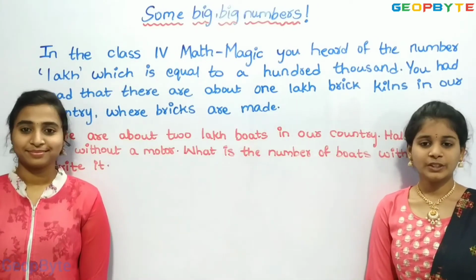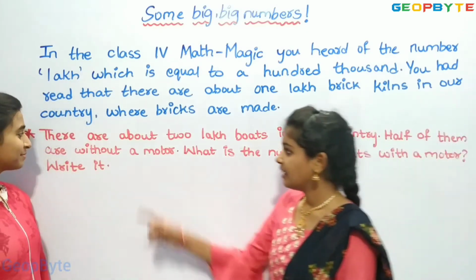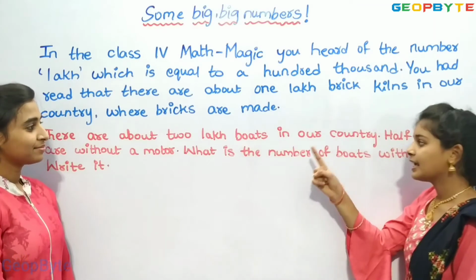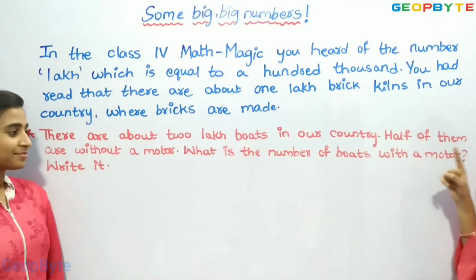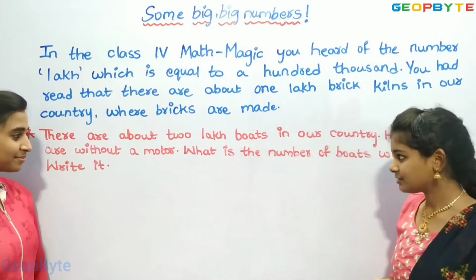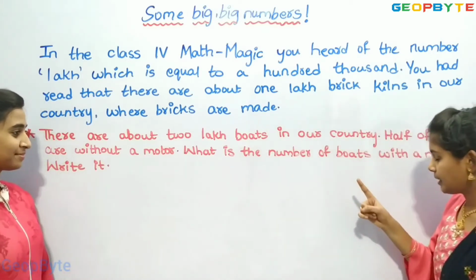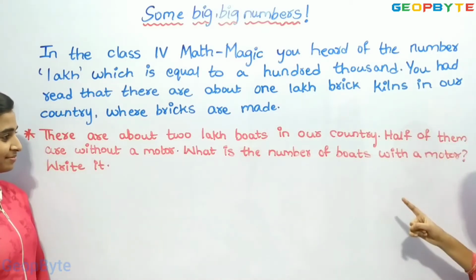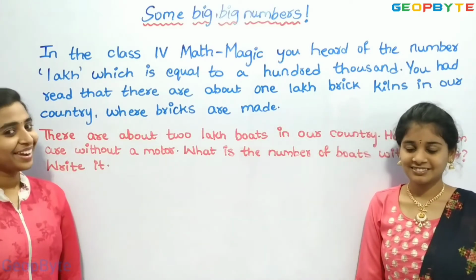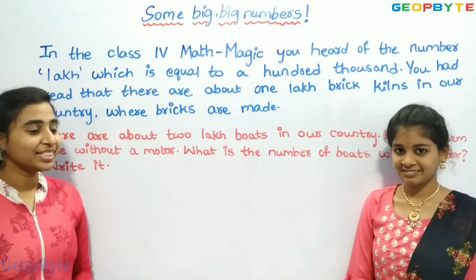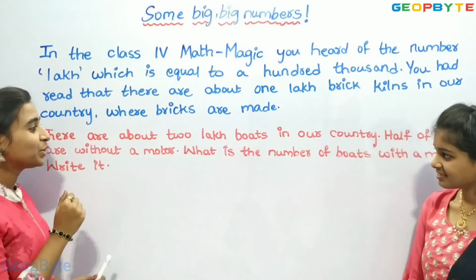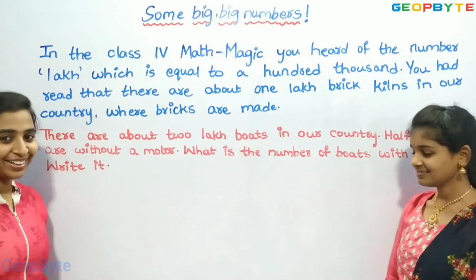The next question is, there are about 2 lakh boats in our country. Half of them are without a motor. What is the number of boats with a motor? Let us write it. First, it is given that there are about 2 lakh boats in our country.